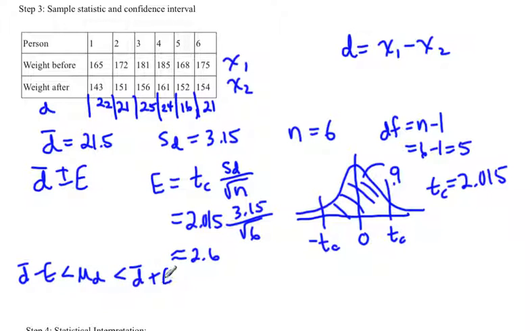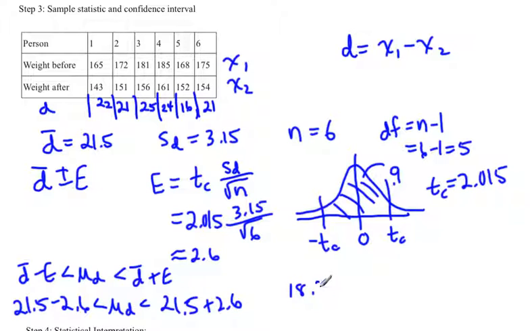So we'd have 21.5 minus 2.6 and 21.5 plus 2.6. So we end up doing that calculation. 18.9 is less than mu sub d, is less than 24.1.